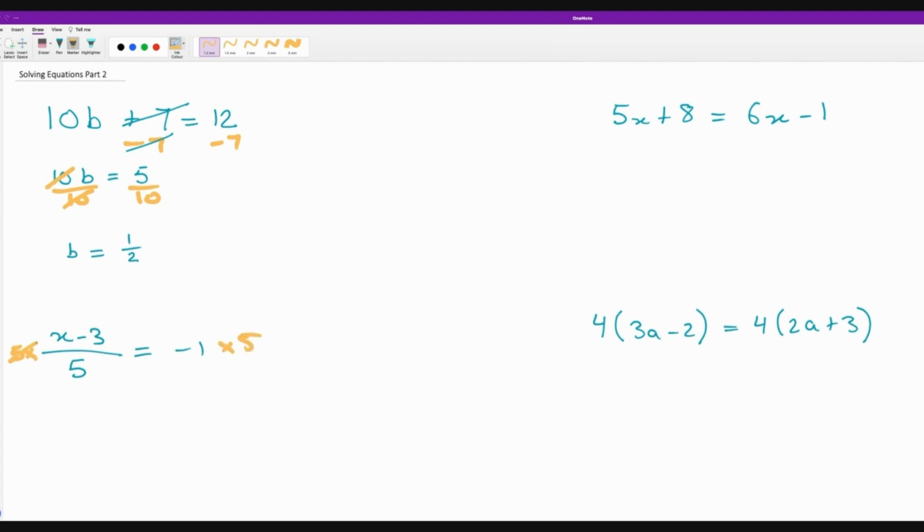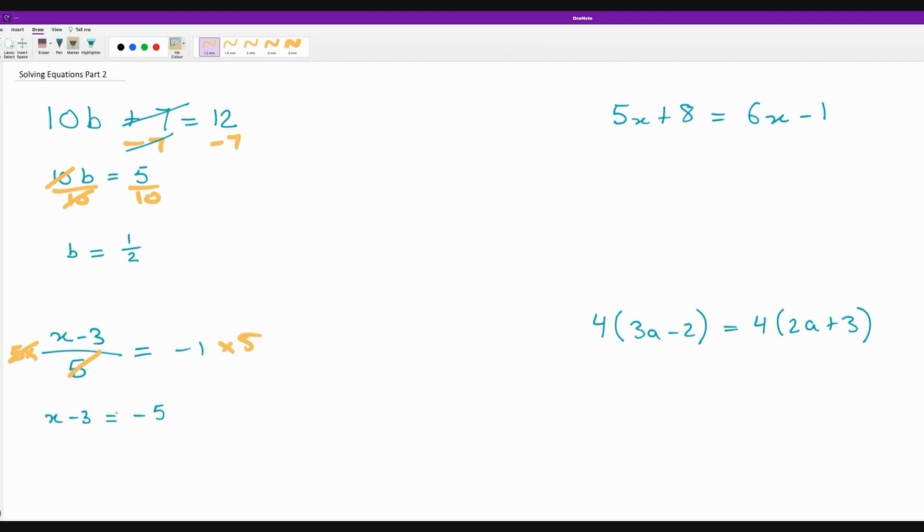That way, this multiply by 5 and divide by 5 will cancel, leaving me with just x minus 3 is equal to minus 1 times 5, which is just minus 5. Now from here, all I need to do, again, is move this minus 3 to the other side.